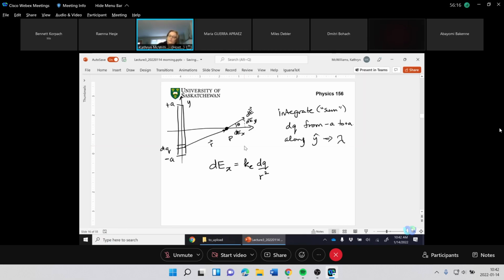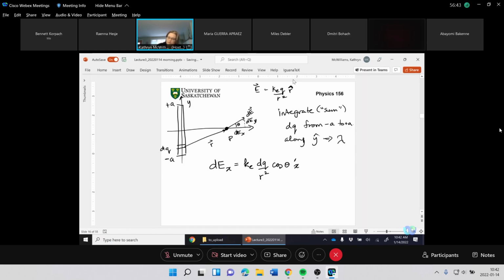This is our Coulomb force. Remember, we've got E is equal to ke Q over r squared r hat. But we need to do the integral form here. We need to only add the X component because that's the only thing that survives here. So the cosine of dE gives you dEx.